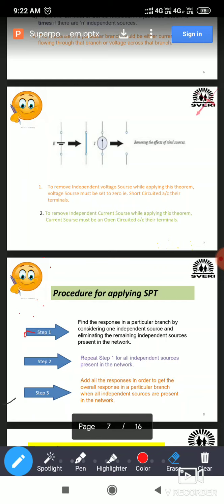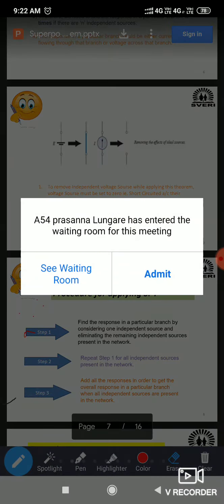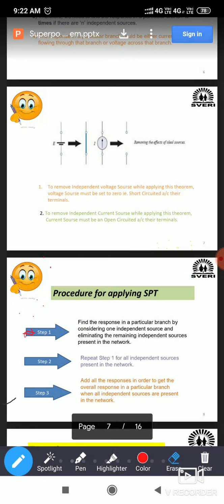To remove an independent voltage source while applying this theorem, the voltage source must be set to 0, that is, short circuited across its terminals. To remove an independent current source, the current source must be open circuited across its terminals. So these two points I have covered with the help of this graphical representation.